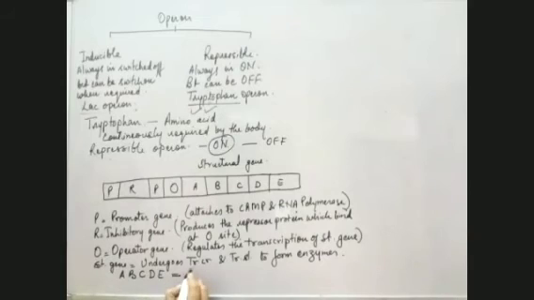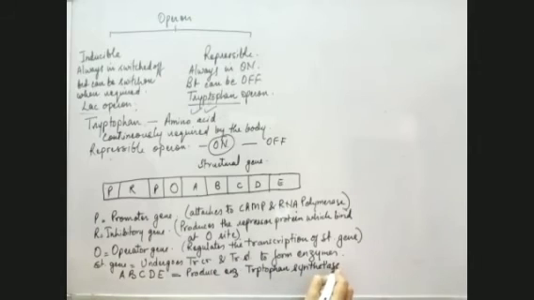All the genes A, B, C, D, E produce the enzyme tryptophan synthetase.